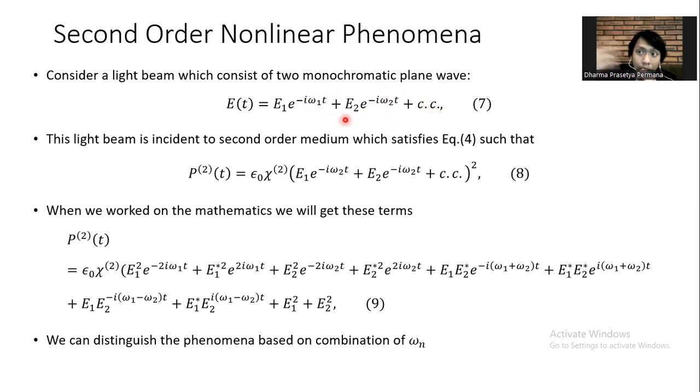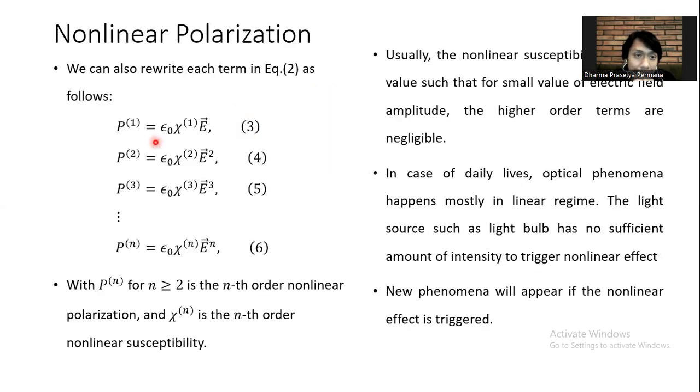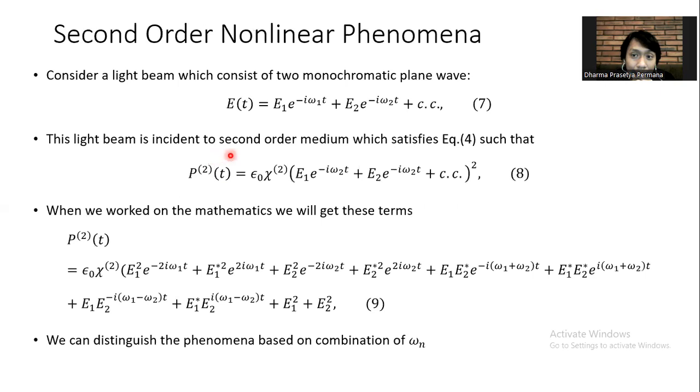So I write the electric field wave function as a complex function in the equations. The second order nonlinearity happens when the electric field amplitude is raised to the power of two, so I can see what kind of interaction happens between them.